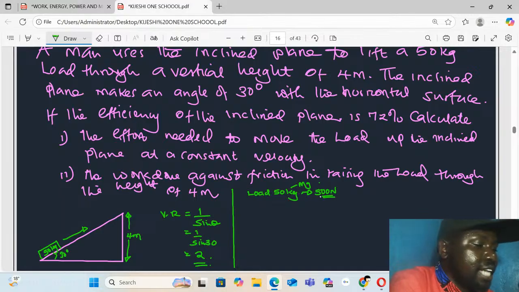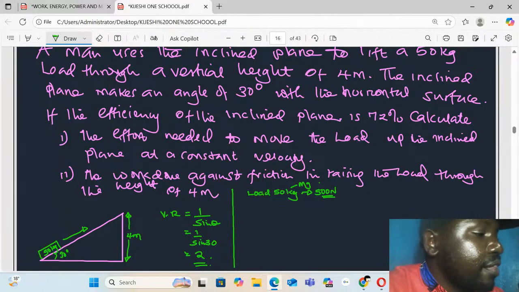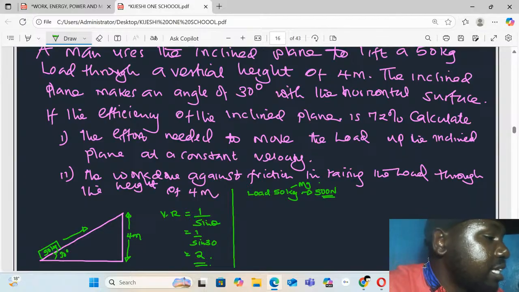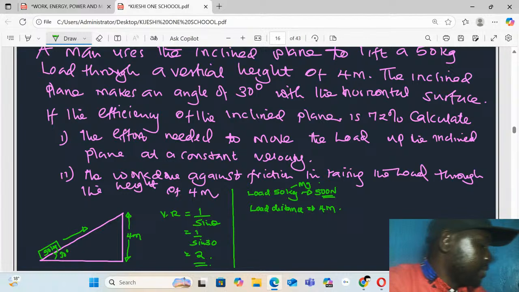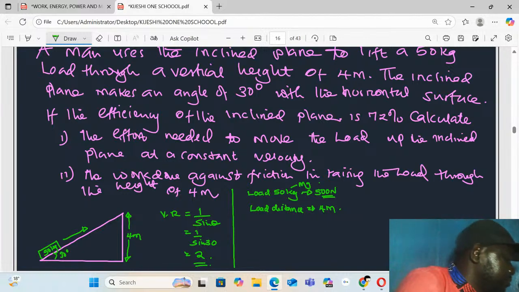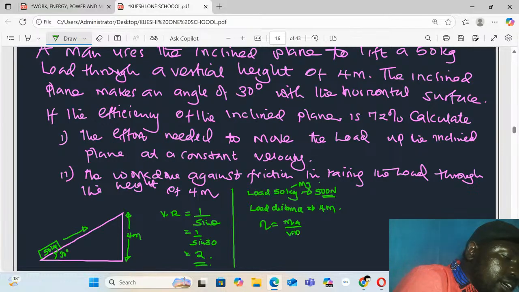Then we have the sine theta, and the distance that will be moved, which is the load distance. The load distance we have been given as 4 meters. Now let's get back to the formula: efficiency is given by mechanical advantage over velocity ratio times 100%.